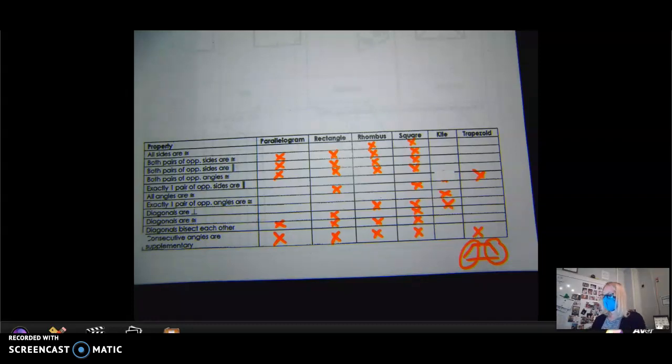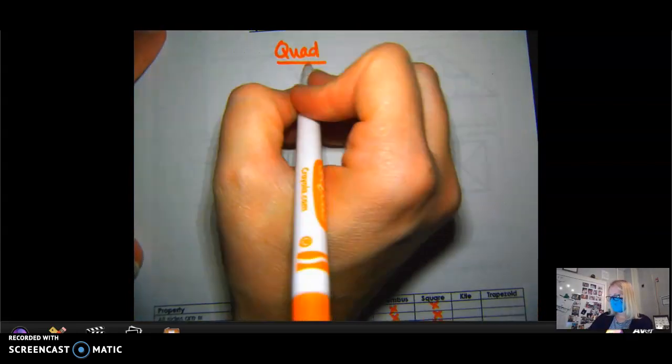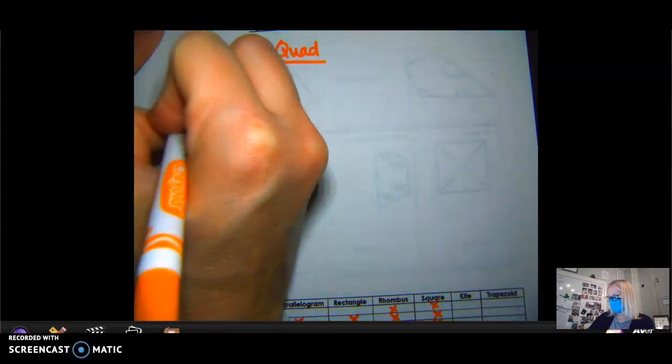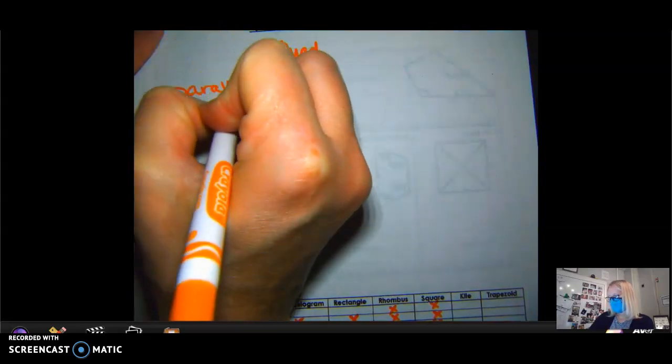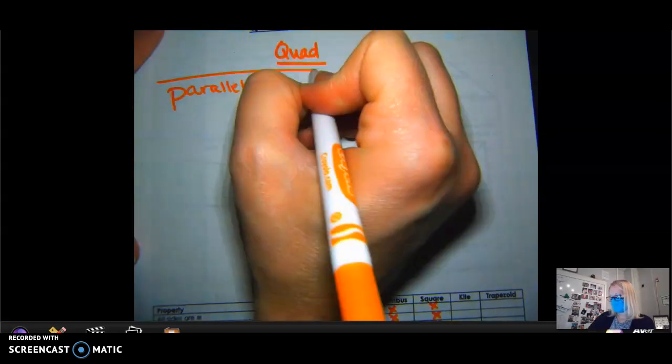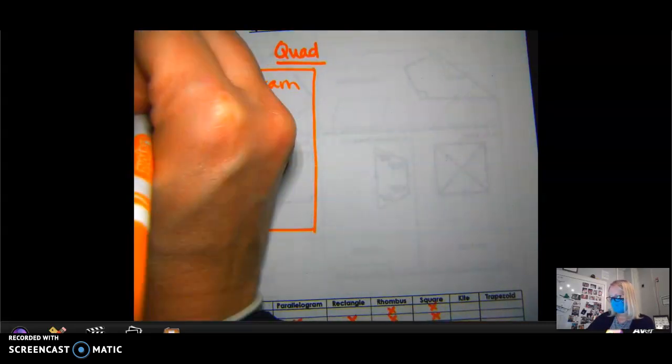Okay? Quadrilateral hierarchy. So first we have all quadrilaterals. And then on this side, we would have parallelograms. That would be a subgroup, right?